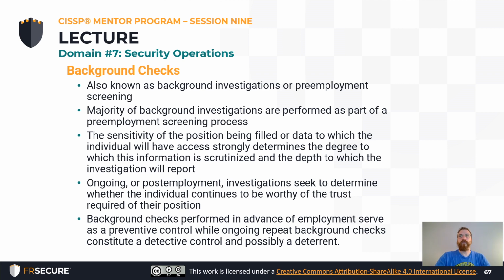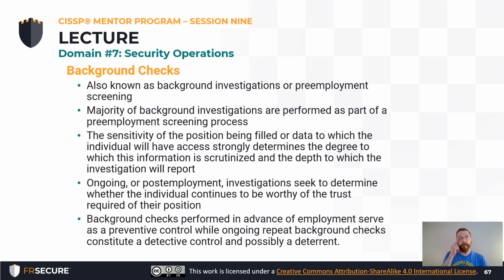So important, last one from the test or for the exam: read the scenario, right? So here are background checks ahead of employment, preventative, right? We're going to prevent the risk. Somebody maybe had been arrested for embezzlement or theft. Well, we want to prevent that from coming in. The ongoing is a detective control, and you could argue deterrent.